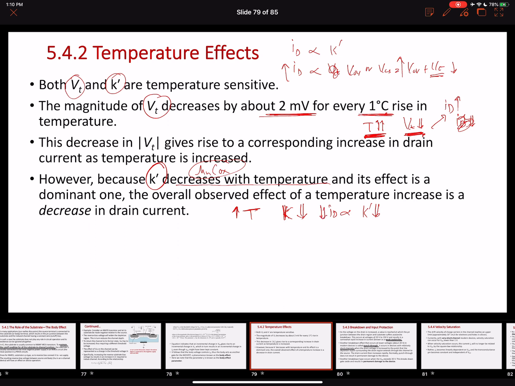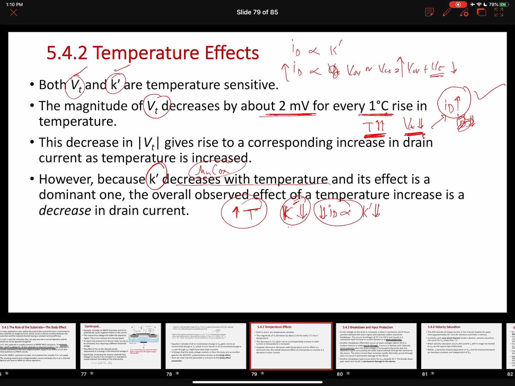If we look at it holistically, we have two parameters that are being impacted by the temperature. One is the threshold voltage and one is the K dash. Increasing the temperature ends up increasing the drain current through the threshold voltage, but increasing the temperature also ends up decreasing the drain current through the K dash. However, in terms of the impact on the drain current, the K dash factor is the more dominant one.